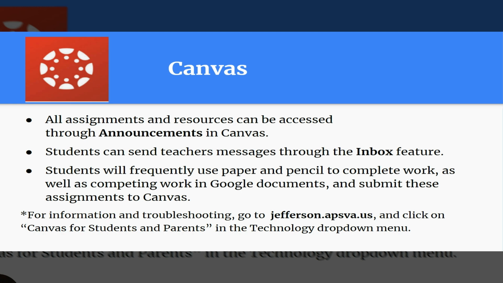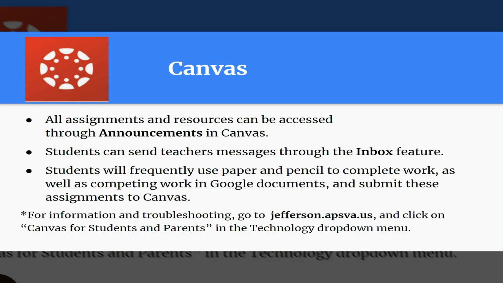So Canvas, I think many families are familiar with that if you've been in APS before middle school. And so everything is put into Canvas. They can find their assignments and announcements. They can send their teachers messages through the inbox feature.